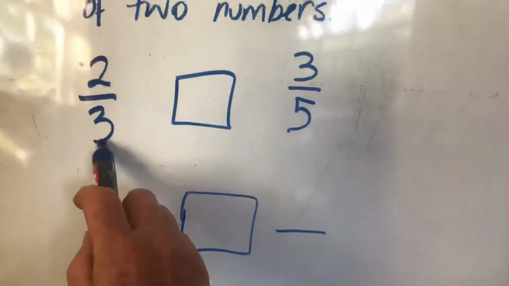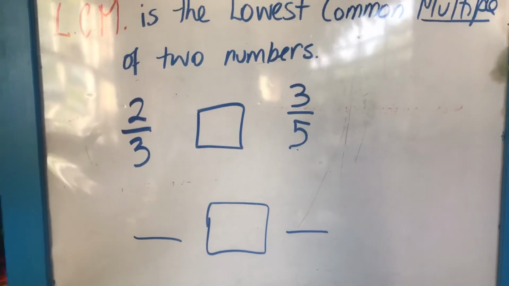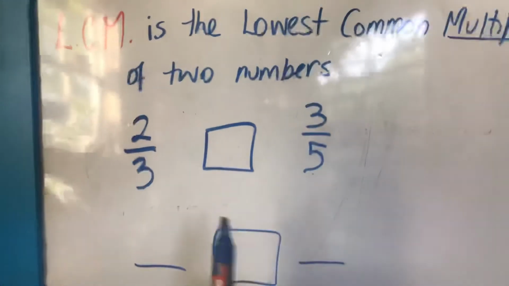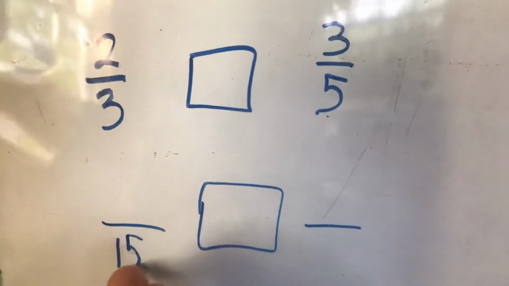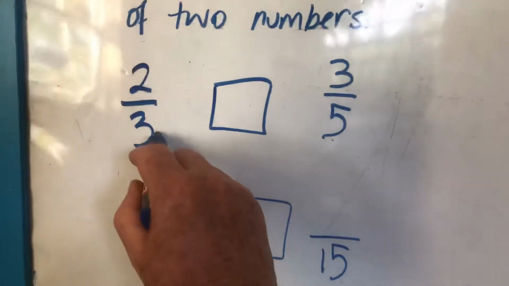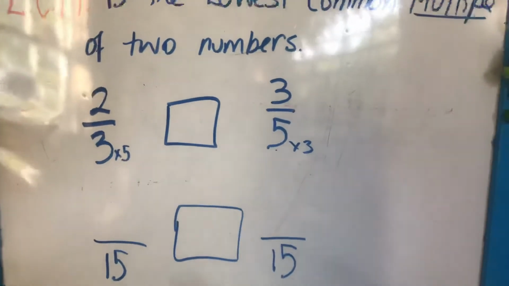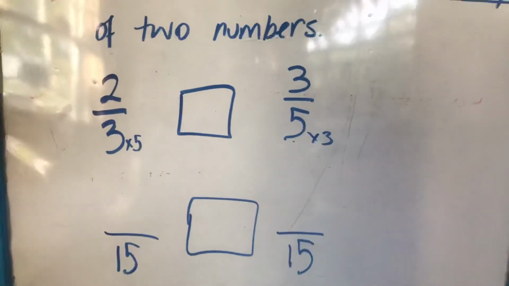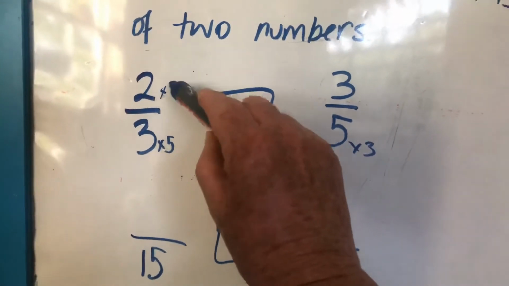All right, so what is the common number to 1/3 and 1/5? What do they have in common? The first one that they have in common is 15. So if we make them both be 15ths, that means we've times this one by 5 and this one by 3. So 15 is in both of these times tables. Whatever we do to the bottom, we have to do the same thing to the top.